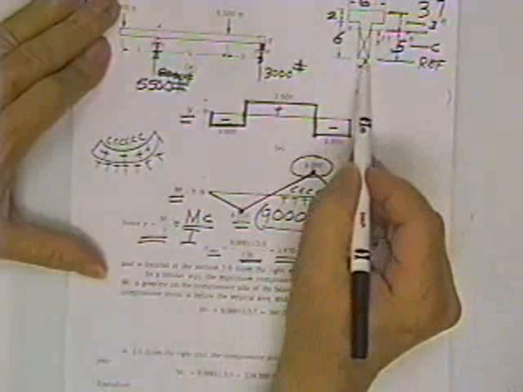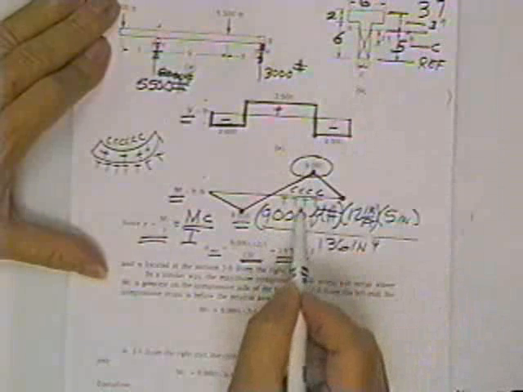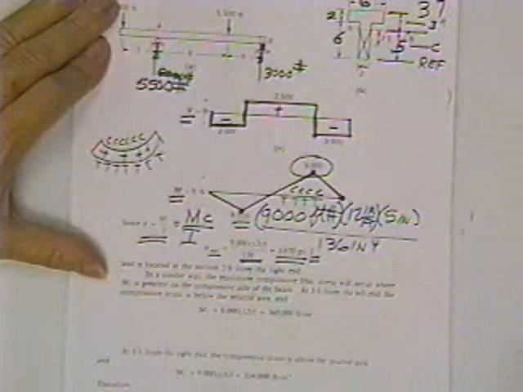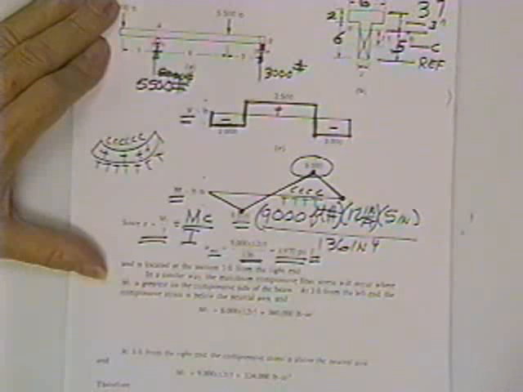So when he went to the bottom fiber, he was finding a tension stress. That's why he puts tension for that stress. It'll be very important you're able to do that. I think it'll be very likely they'll ask you whether it's a tension stress or a compressive stress.